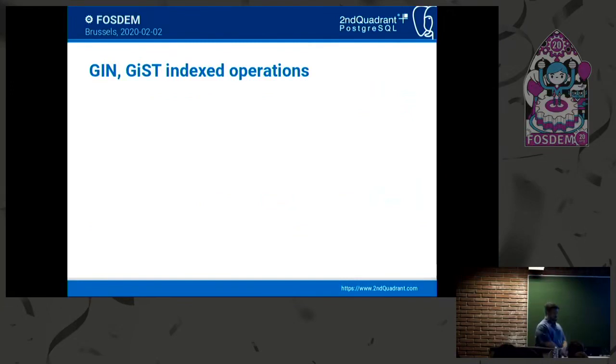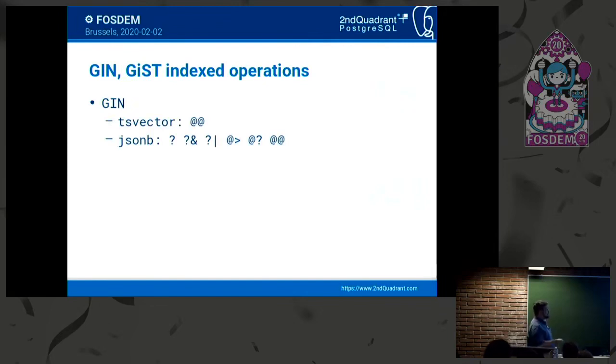GIN and GiST indexed operations: we have these operators for tsvector. GIN indexes the double @ operator, so it indexes matching as we saw. For JSONB, or binary stored JSON in our database, it supports the existence operators and also the contains operator.